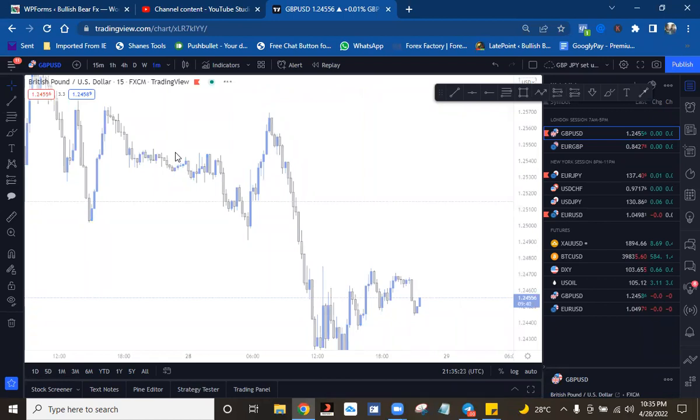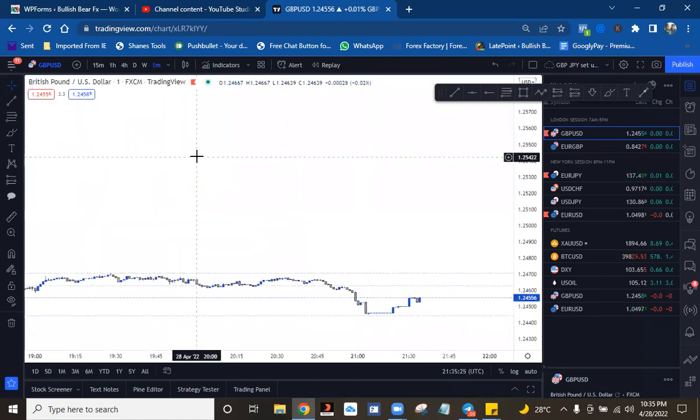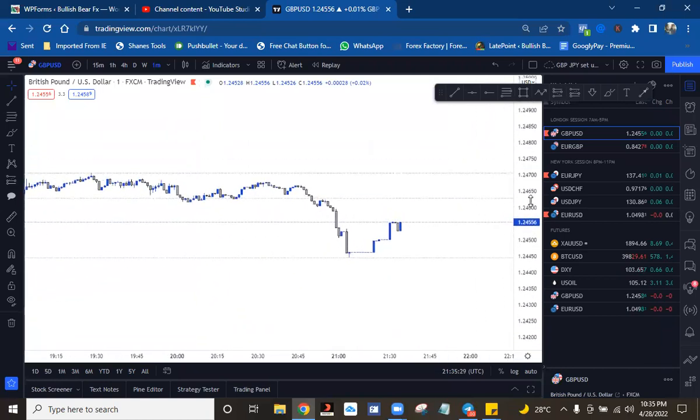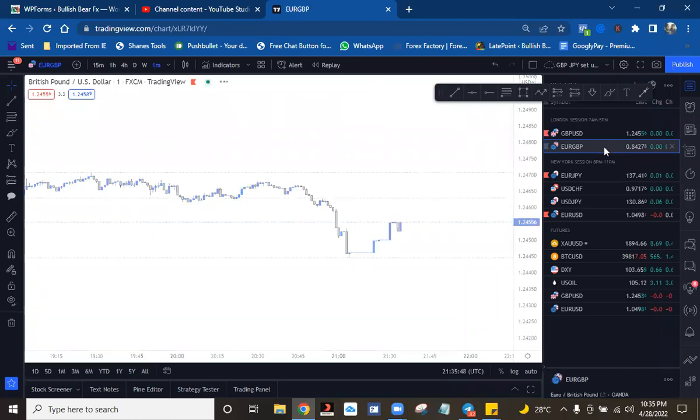I just want to show you what the pip is all about, and it's something all of you should know already. I just don't know why it's not moving here. Anyway, the little digits you see going up or down around here is what we call the pip. We're going to use the pip together with the lot size in order to know the amount we risk on each trade.